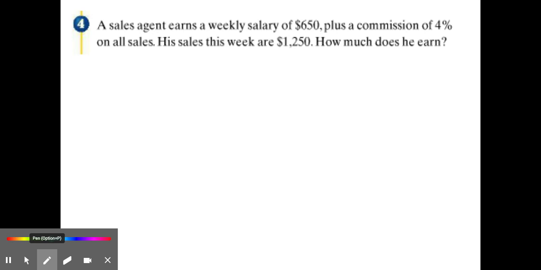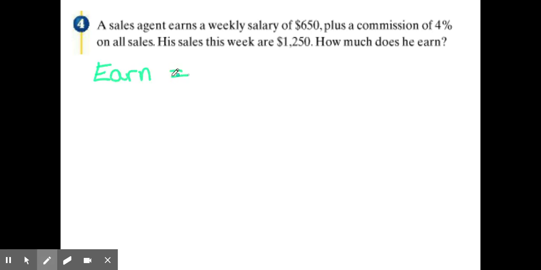A sales agent earns a weekly salary of $650 plus a commission of 4% on all of his sales. His sales this week are $1,250. So how much does he earn? So his earnings is his salary plus his commission.